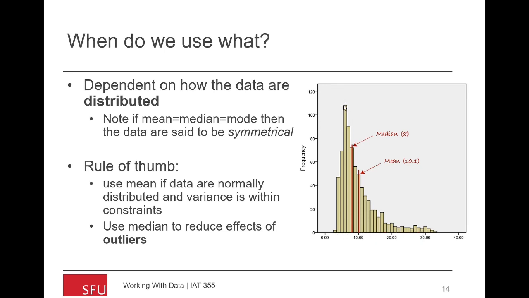You can see that this peak occurs further to the left of the median, which in turn occurs further left than the mean. And so this is a data set that is skewed to the left, and mode is here, median is here, and mean is there. And that indicates that the mean itself is not really telling you exactly what you need to know about what's going on in this data set.